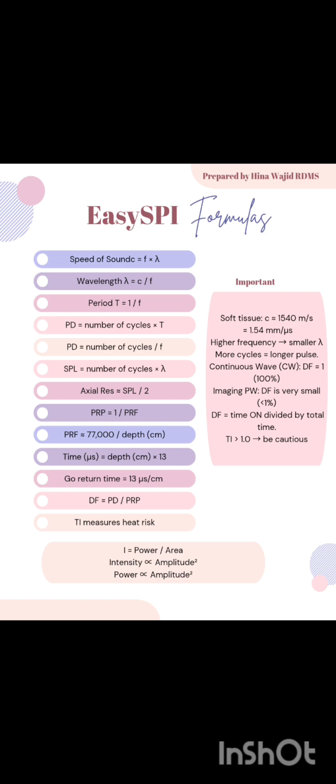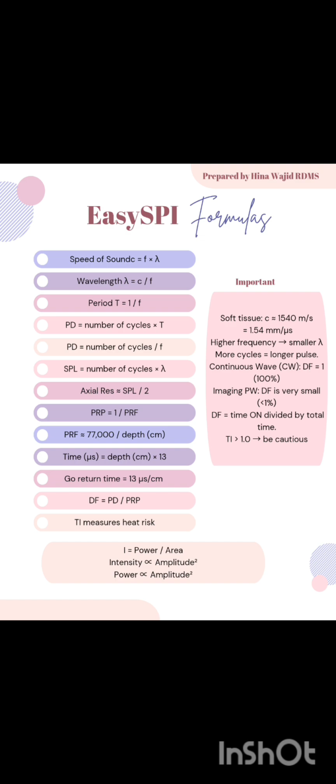Then there is duty factor. So duty factor is actually on time divided by total time. So on time is pulse duration and total time is pulse repetition period. Pulse repetition period involves the time pulse takes to travel, reach to the structure and also to come back.